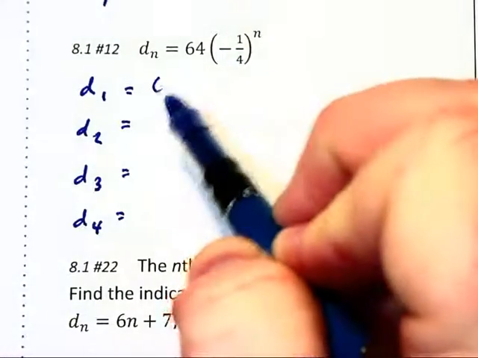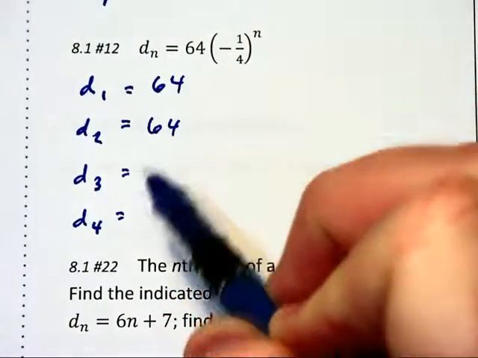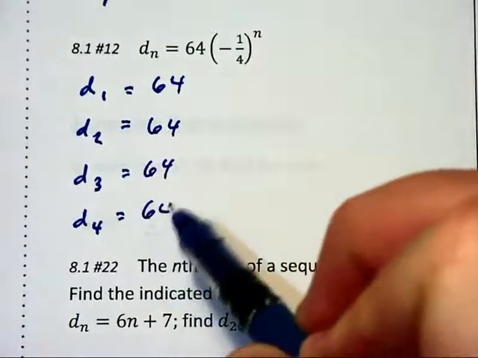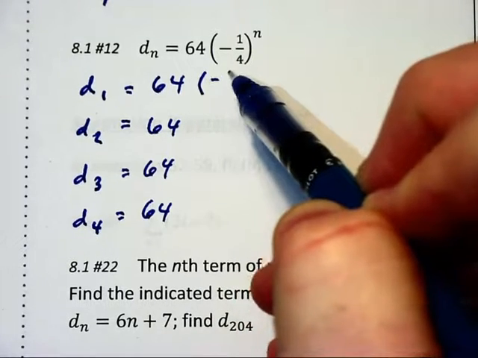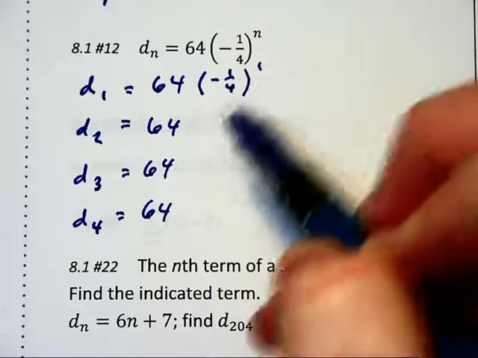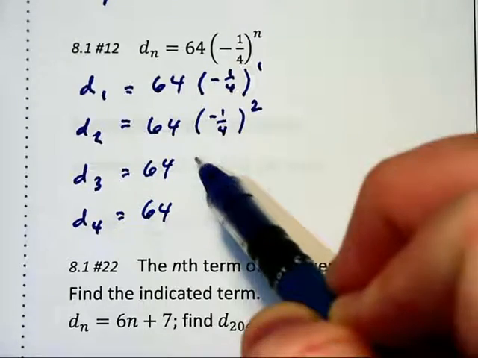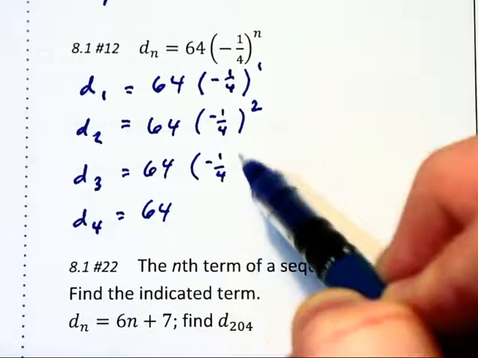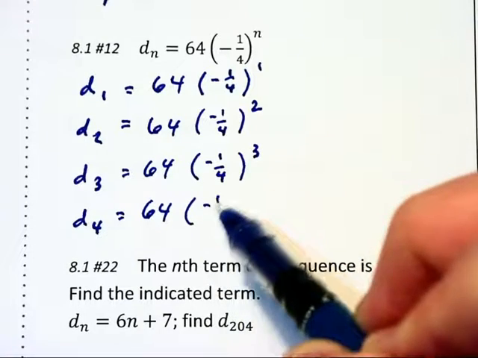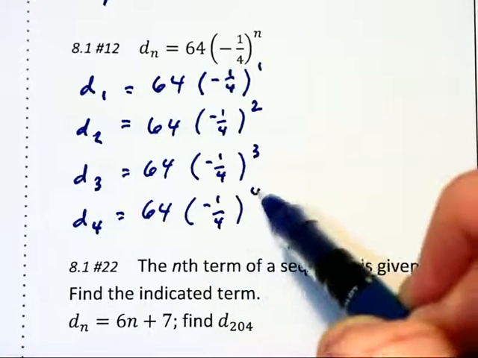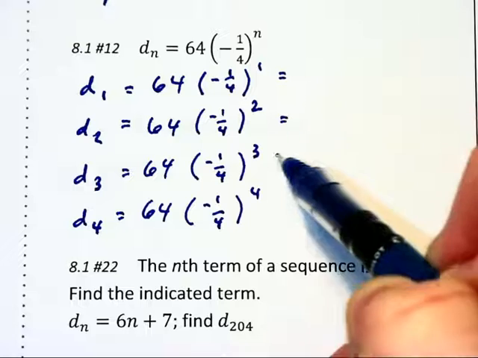In each of these cases, we're going to begin with the number 64 and multiply by a power of negative 1/4. In the first case, we're multiplying by negative 1/4 to the first power, and then the second power, third power, and fourth power. Now let's evaluate each of these.